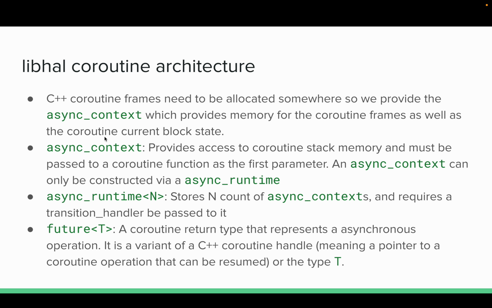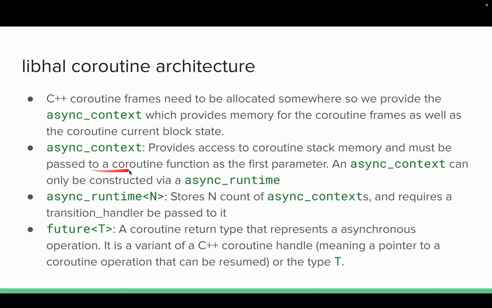So give it a callback, basically, a callback function saying, pass me what the new state is, pass me the async context so I know which one is changing, and maybe also a time frame for how much time this thing should block for, and then I can do something from there. So that's what you get from async context: what your block state is, and also where to allocate your memory.